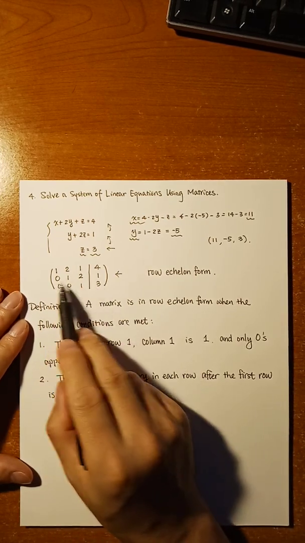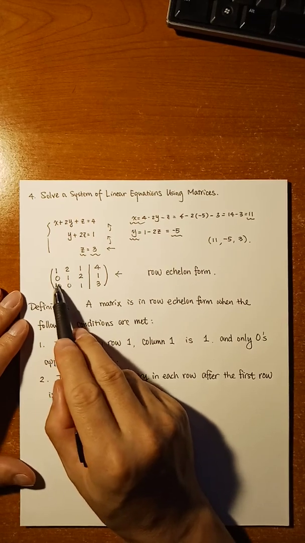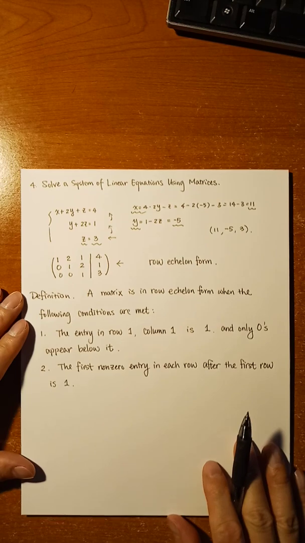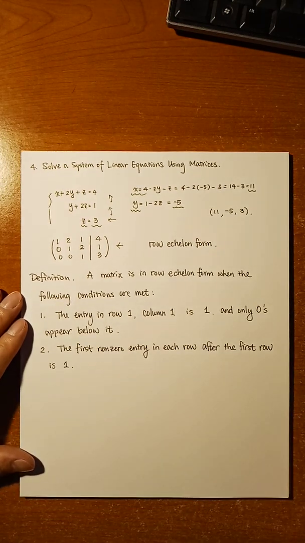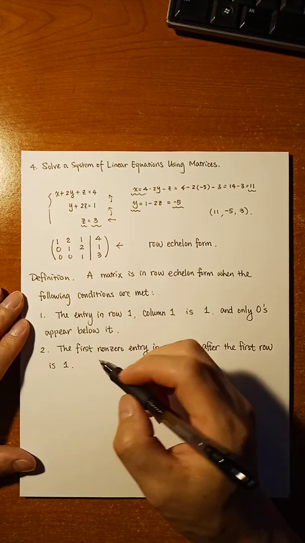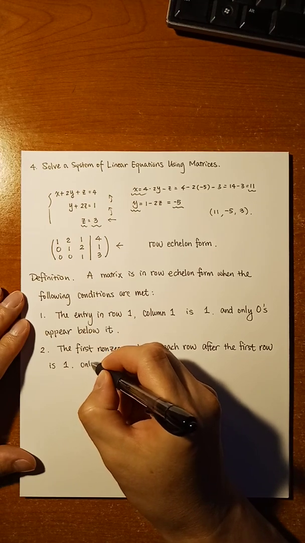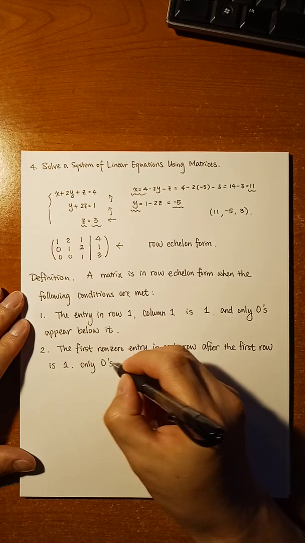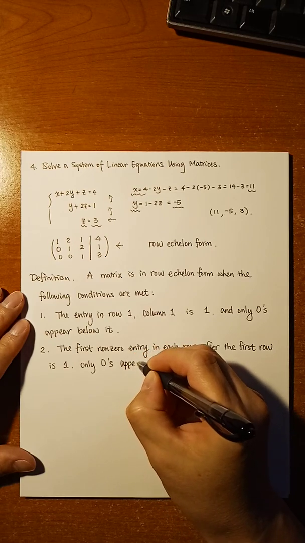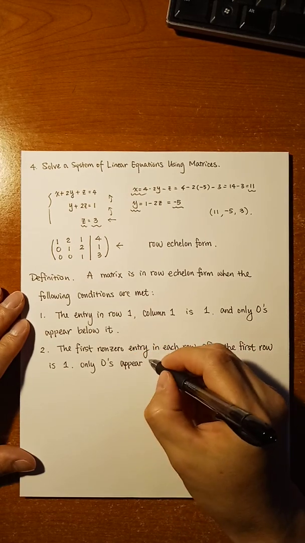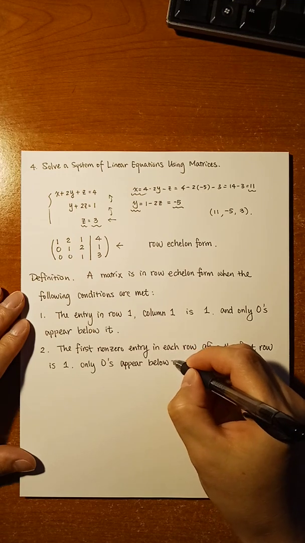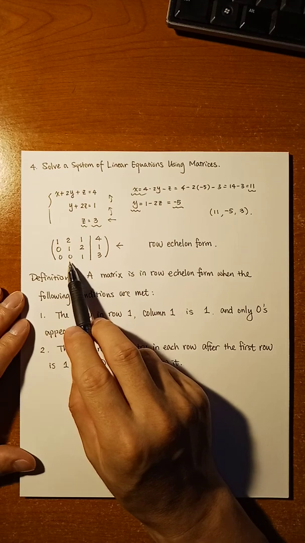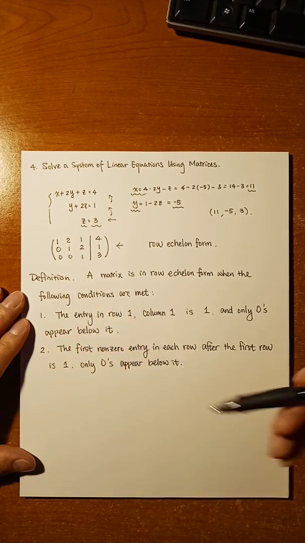So you see the second row, the first non-zero entry, this is a 0, so this is the first non-zero entry. It must be 1. It cannot be 2, 3, 4, or whatever others. And only zeros appear below it. Whenever you see the number 1 as the first entry of a row, then below it, all the entries must be 0.